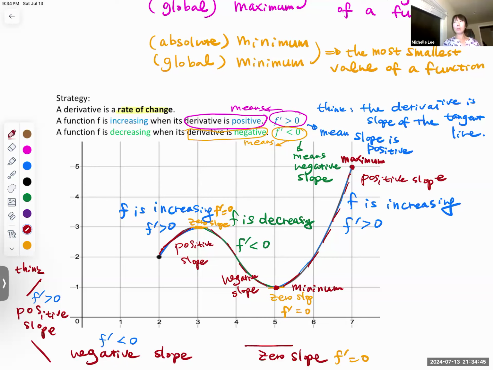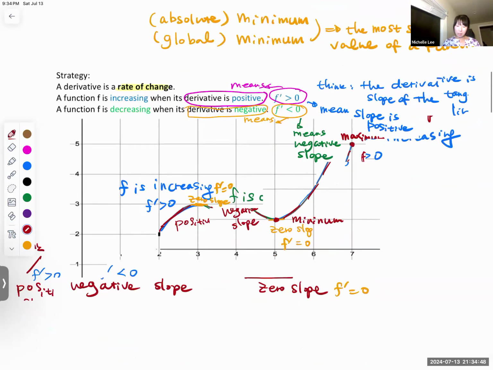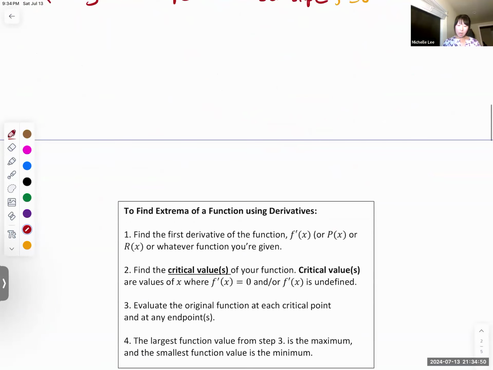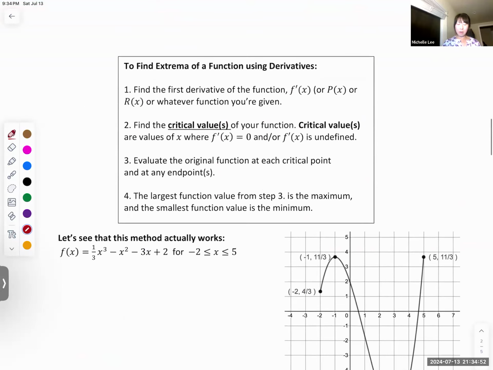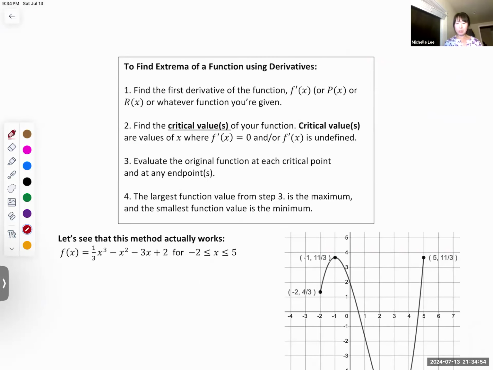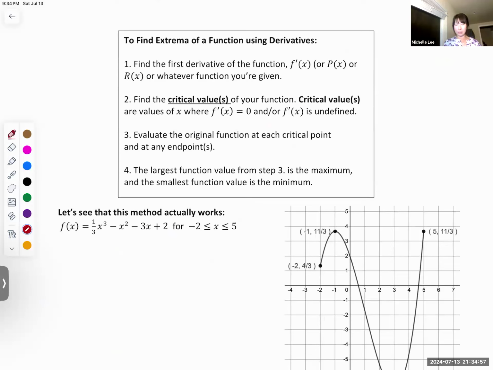Okay, now, how do you find extrema of a function using derivative, right?